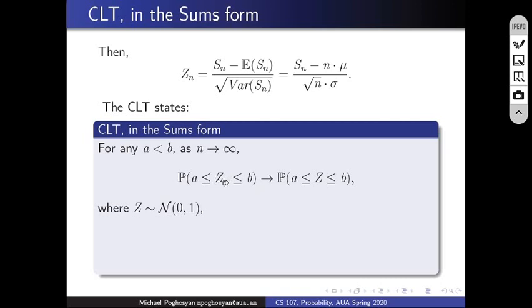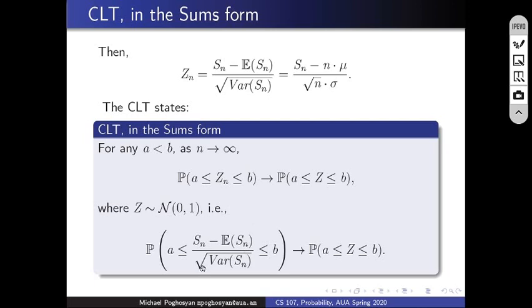And this works for any standardized sum of random variables. That is, if I am plugging this value of Zn, the probability that the standardized sum is between A and B tends to the probability that standard normal is between A and B. Usually people in textbooks you will find in this form.